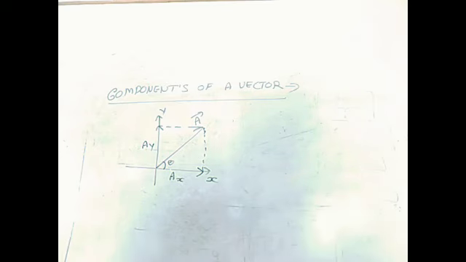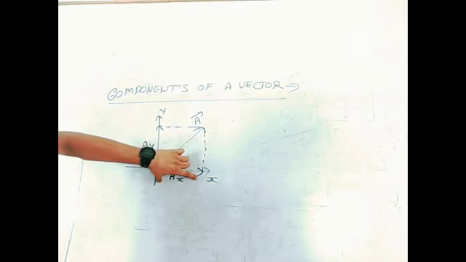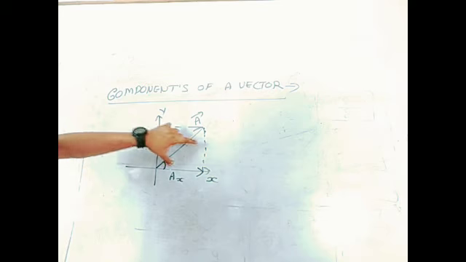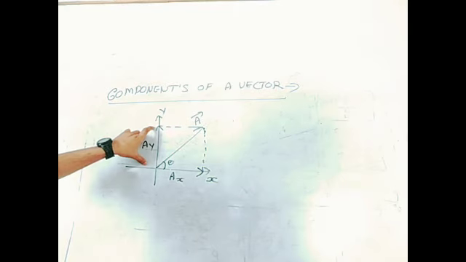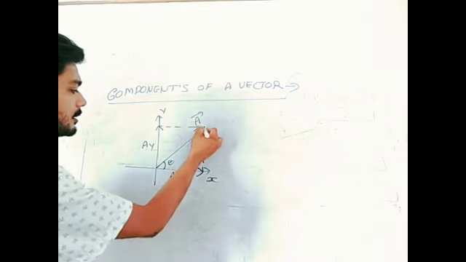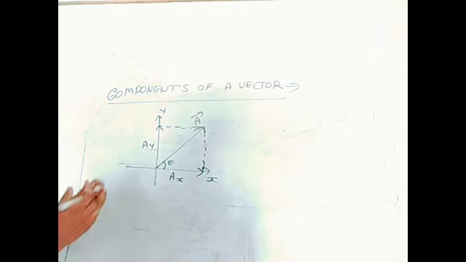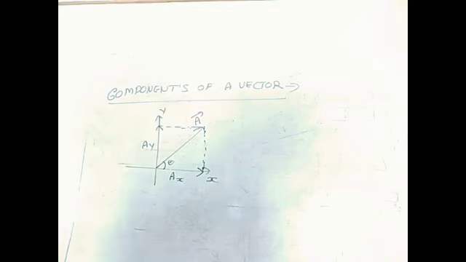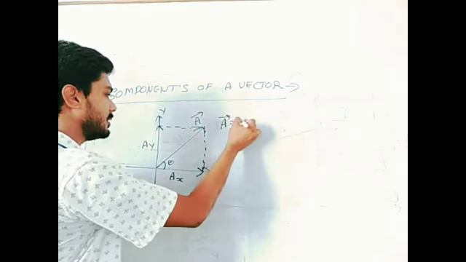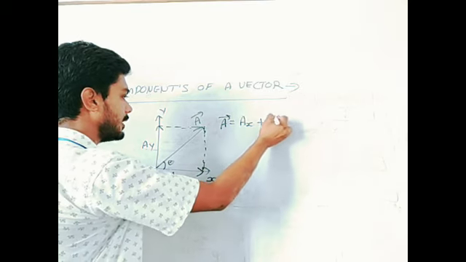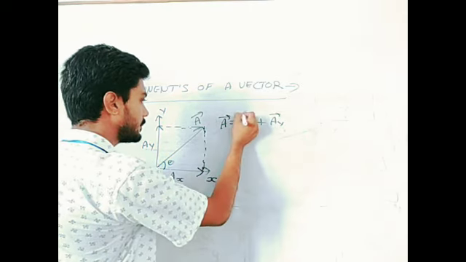We will say that the x component of A is ax and the y component of A is ay, because when we join the head of this vector to the x and y axes, we obtain the parallelogram law. The parallelogram law says that vector A is equal to the sum of ax and ay.